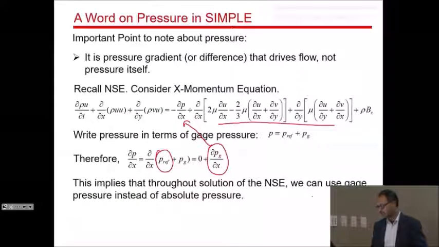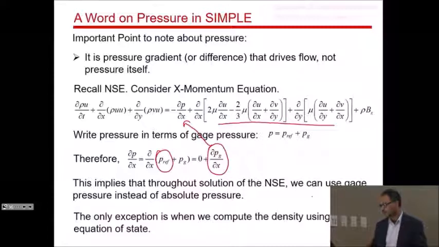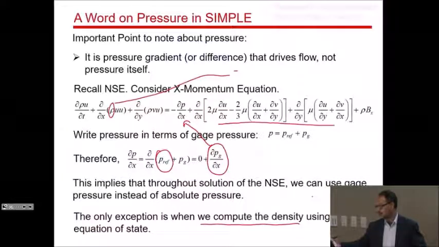There is one place you have to be careful, and that is when you compute density. Remember, if you're using, for example, the ideal gas law, this is P over RT, right? Now, this is absolute pressure. You can't use the gauge pressure that you calculated out of your code directly in there to calculate density.